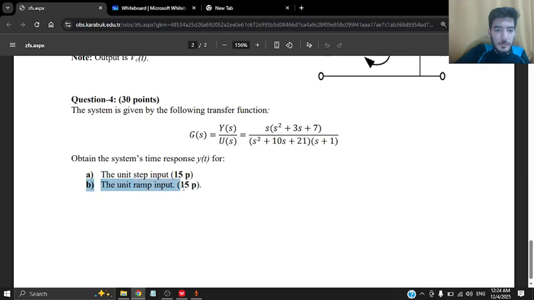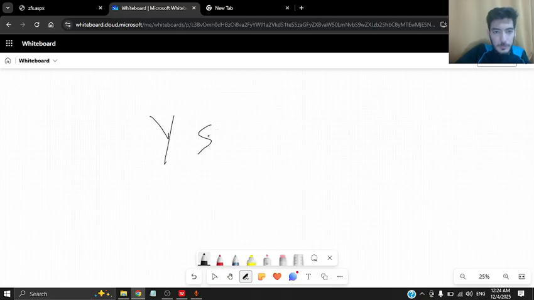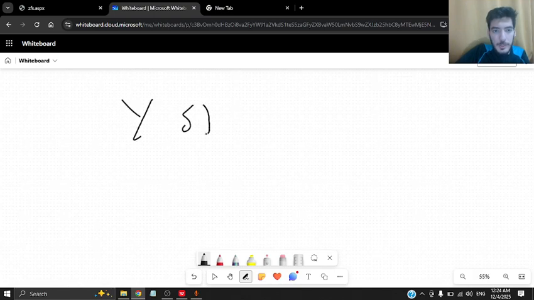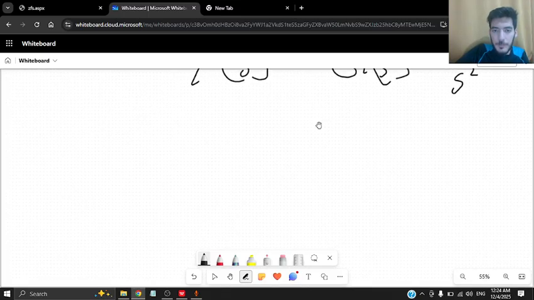Now for the B part, it's asking for the unit ramp input, and so it will be equal to, in the S domain, G of S multiplied by 1 over S squared, because the ramp function has 1 over S squared in the Laplace domain.